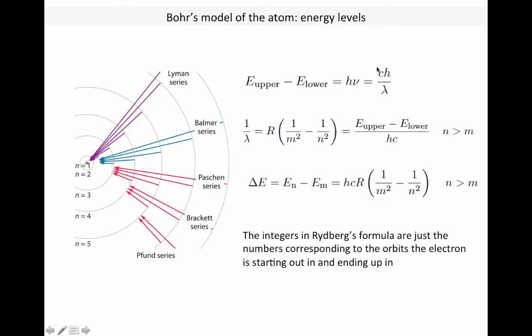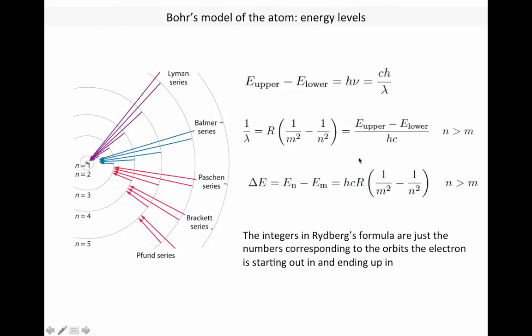Well, 1 over λ, according to this first formula up here, is just equal to the difference in the energy between the two orbits divided by Planck's constant times the speed of light. Right, so this second equality here is predicted by Bohr's atomic model.